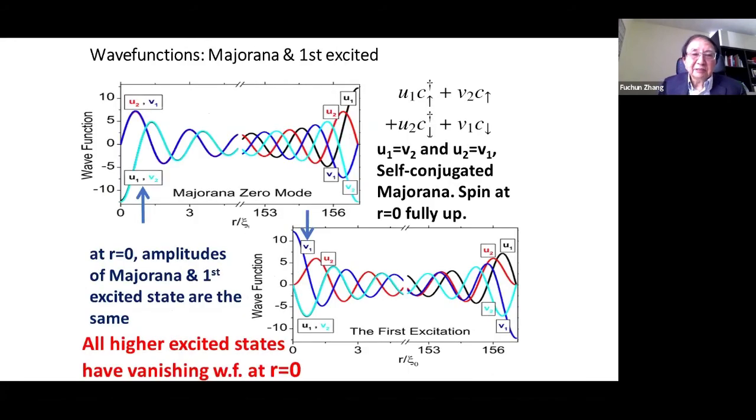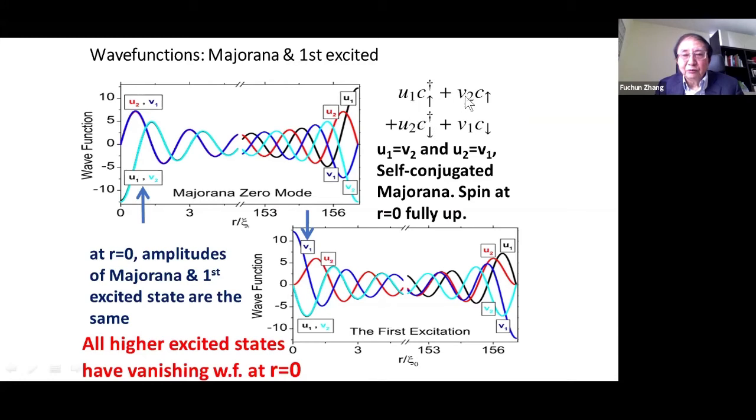The interesting part is about the wave function. What I show here is the Majorana and the first excited state. This is the Majorana zero mode. Because I have both spin up and down, the mode can generally be written in terms of u1 c, v2 c-dagger, u2 c, v1 c-dagger, spin up and the same for spin down.